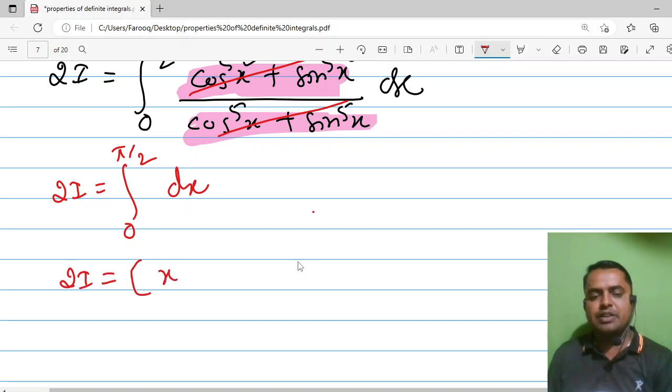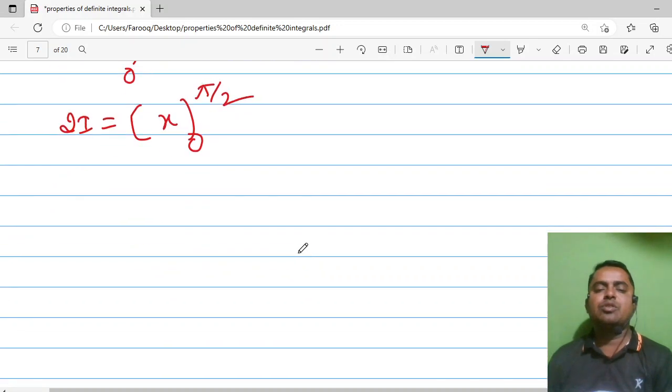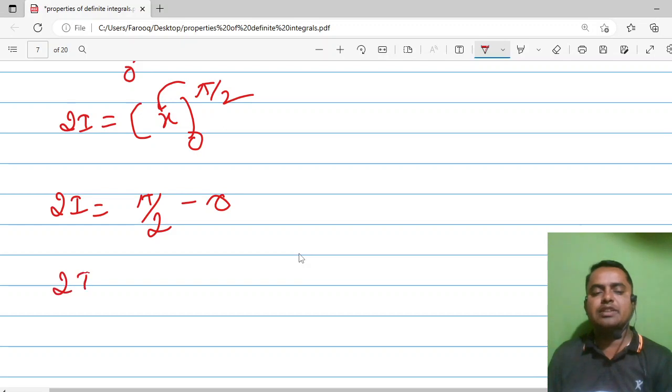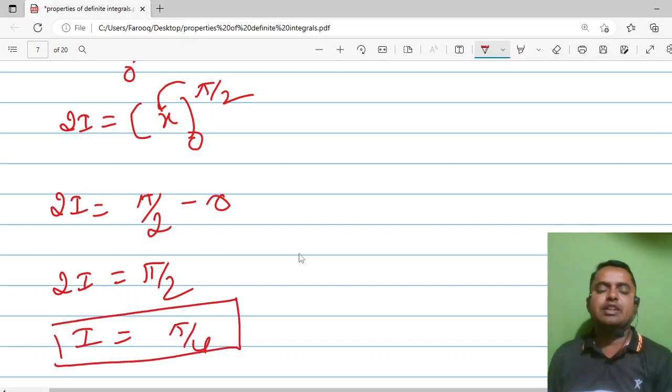The integration of dx is nothing but x between the limits 0 to 5 by 2. Instead of x we substitute the upper limit and minus the lower limit. Then 2I is equal to 5 by 2, so I is equal to 5 by 4, the last step.